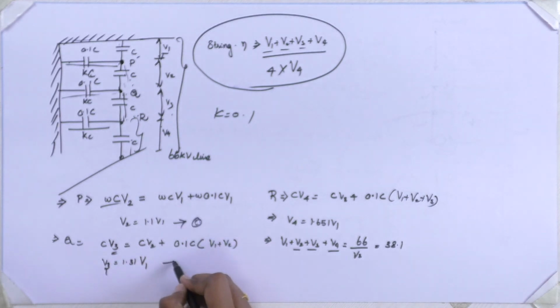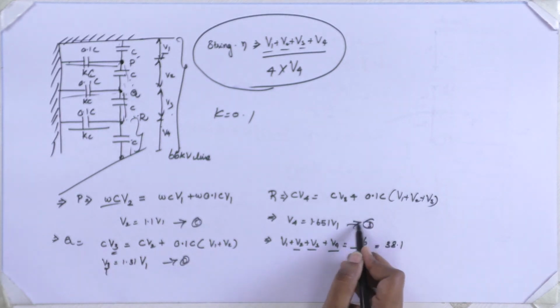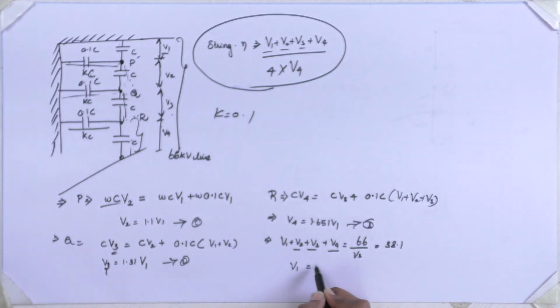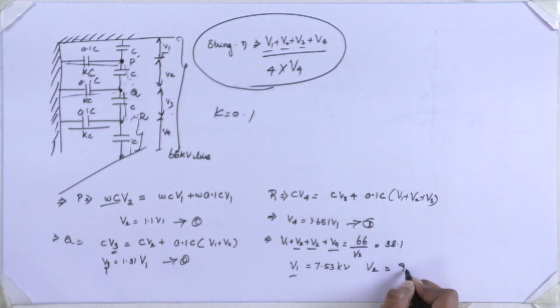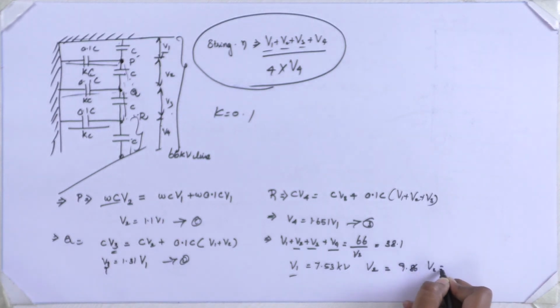Substituting these in this equation, I am getting V1 as 7.53 kilovolt, V2 around 9.86, V3 around the same 9.86, and V4 is 12.43.